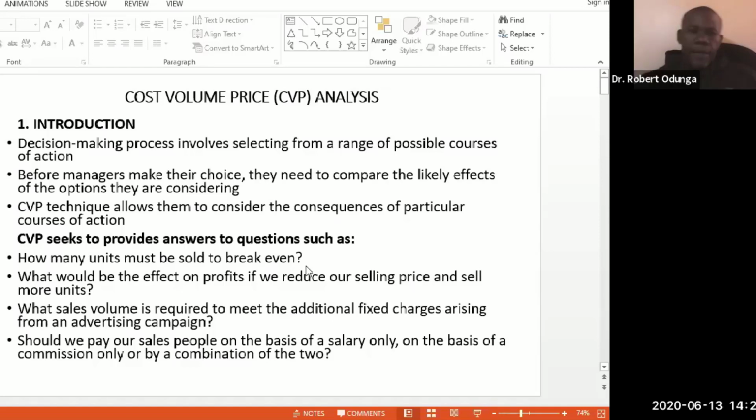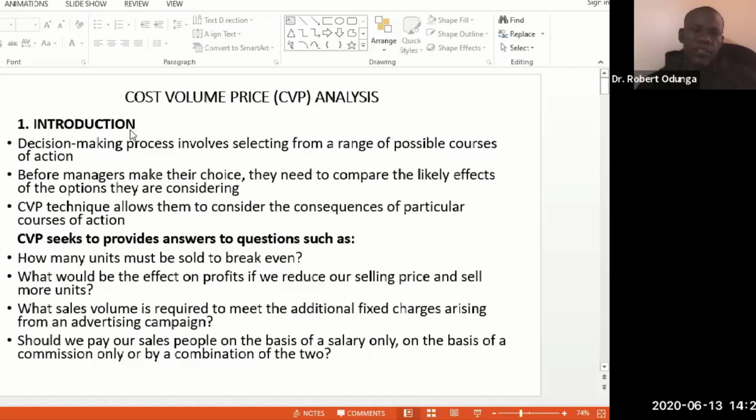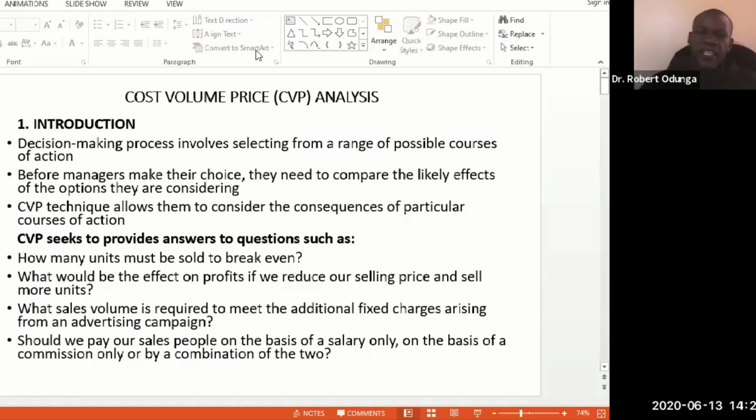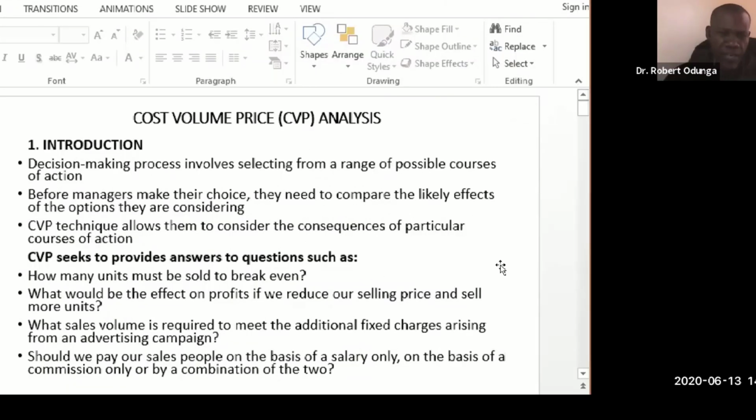And as I was saying, most decisions that you make as managers, you're faced with various options. And then you have to make a decision that is going to be viable for the organization, and the best decision at that particular time.